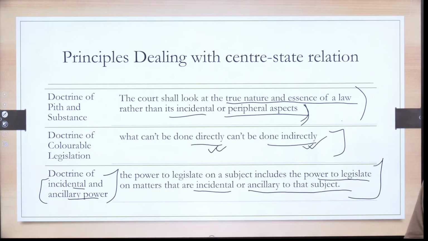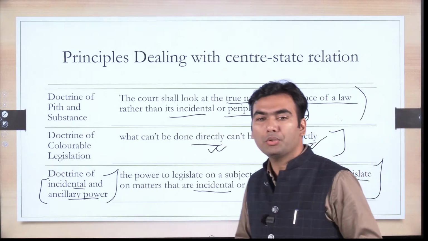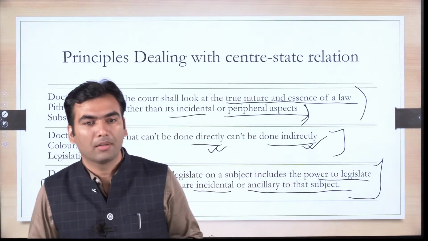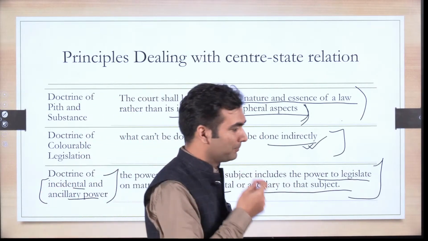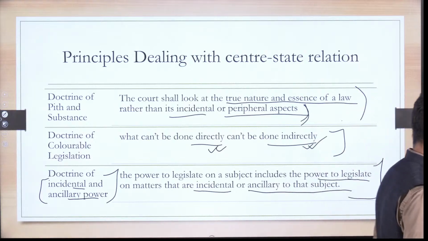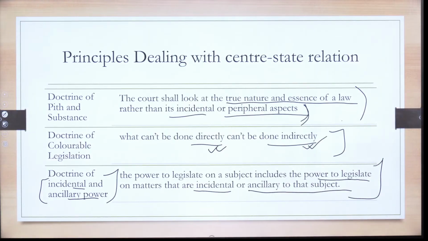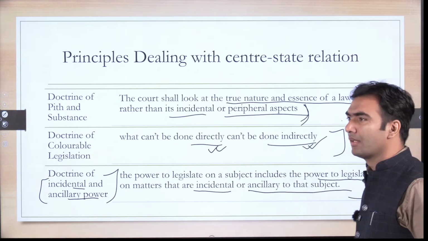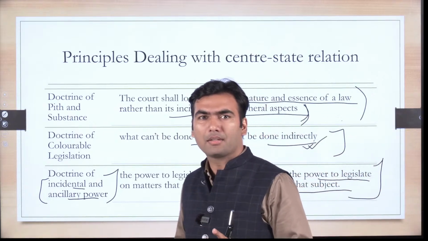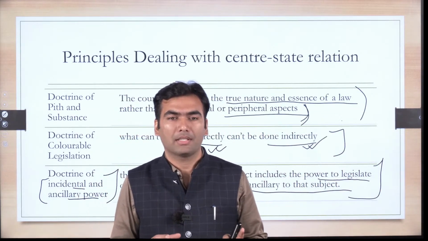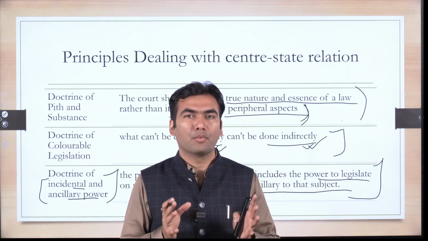Okay, so now we shall move from legislative relations to the financial relations part. Now, in the case of financial federalism, there are certain simple things that you must know. The first thing is that the center has more financial power.